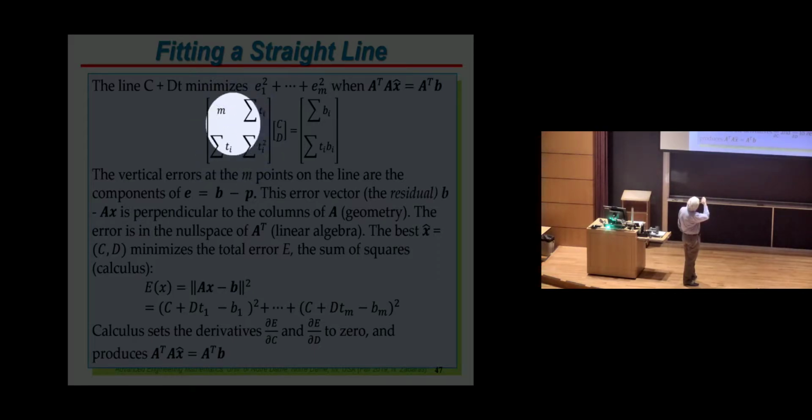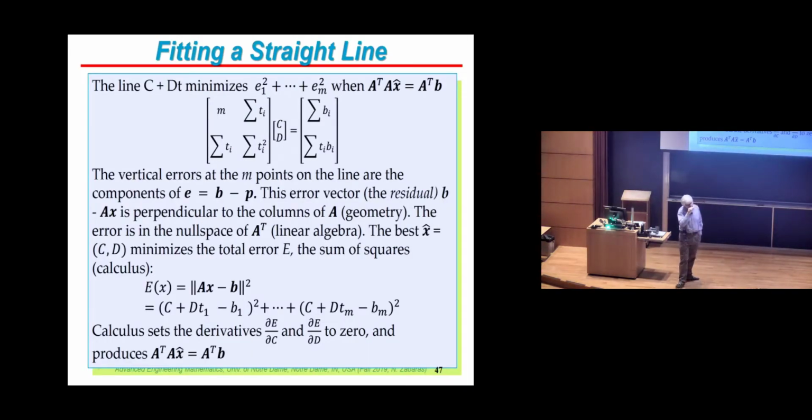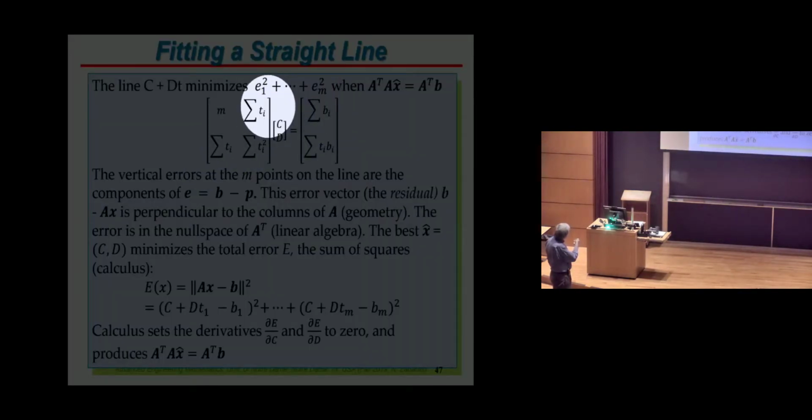Can you look at the diagonal elements in that matrix and tell me what it will take to get rid of the off-diagonal terms? We said at time t1, the observation is b1. At time t2, the observation is b2. If you want to get rid of this, the solution can be immediately written as c equal 1 over m times that, and d equal this divided by that.